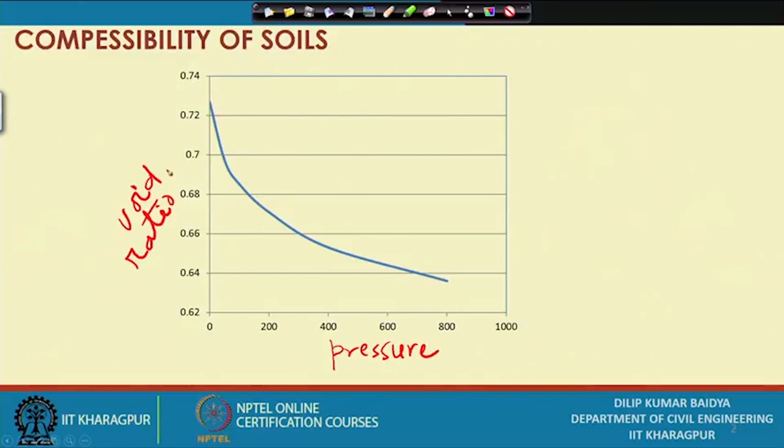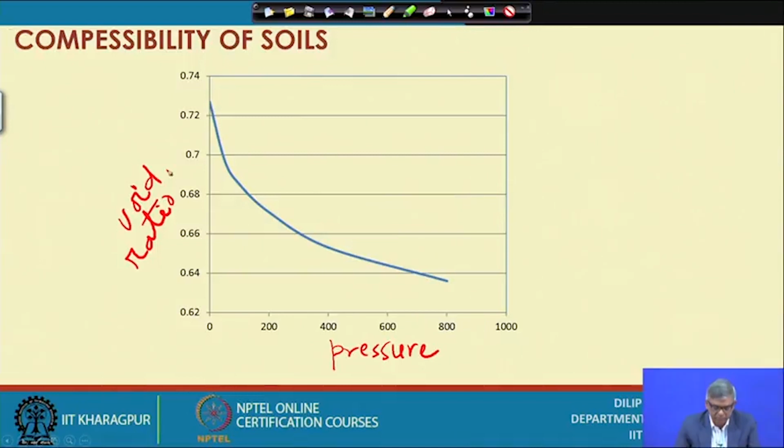Perhaps it is asked to find the coefficient of volume compressibility at the pressure range of 250 to 350. So I first have to find the void ratio corresponding to pressure 250, somewhere here, and similarly for 350, somewhere here. I will get e1 from here and another e from here.